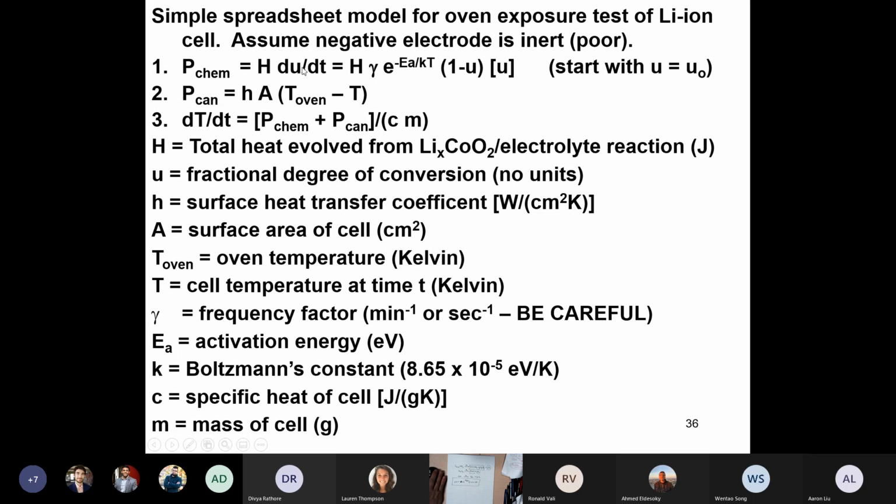You put that in here, H times du dt. And you know the temperature at that time, so you can calculate the power that's either being added from the environment if the temperature is lower than the oven temperature, or the power that's being dissipated to the environment if the temperature is greater than the oven temperature.